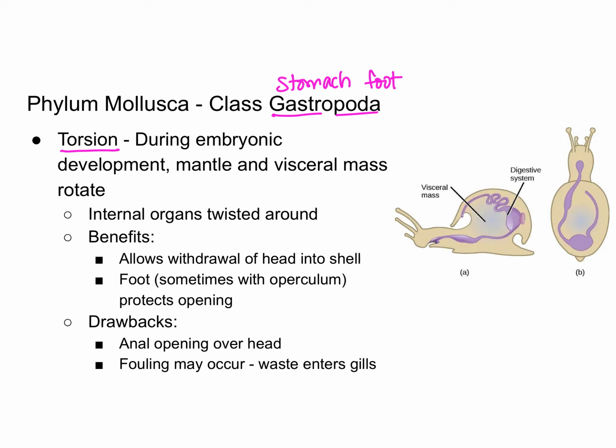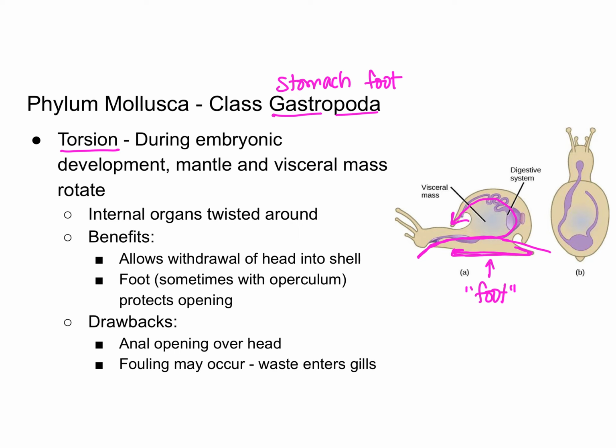And so instead of the digestive system essentially going in the front and out the back, instead the digestive system actually kind of twists around. And so this region of the snail is known as the foot. And so the stomach is over the foot, and that's how it gets the name of gastropod.